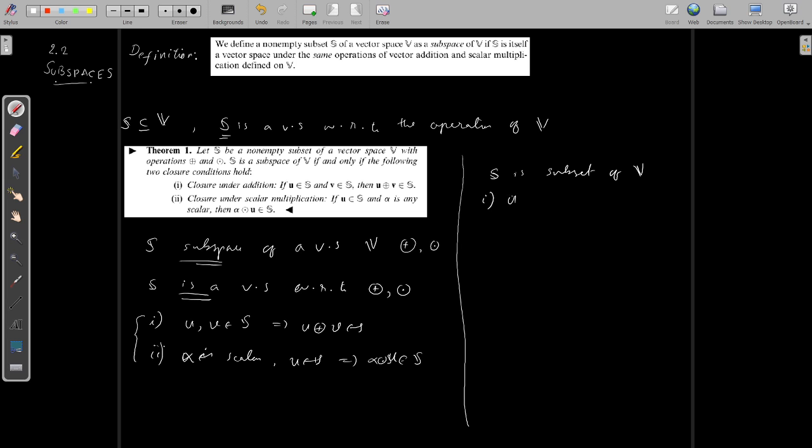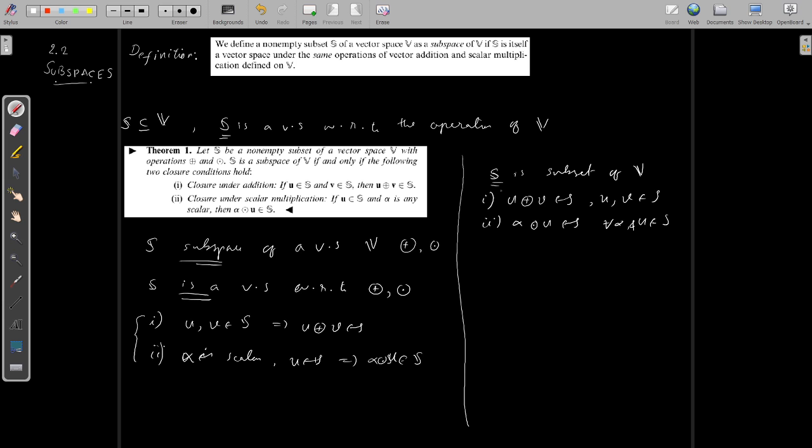First, u plus v belongs to S for all u, v belonging to S. Similarly, the second condition is alpha dot u is an element of S for all alpha and u belonging to S. To prove this is a subspace, first we prove S is a vector space with respect to these operations.